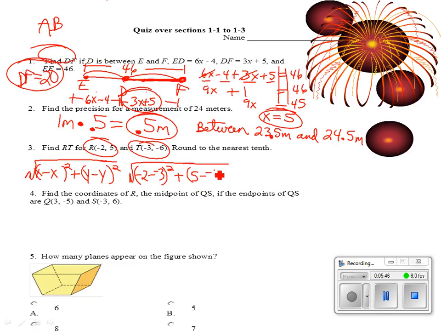So 5 minus a -6. On both of these, when you have minus and negative, what can you do with the signs right there? What is -2 plus 3? 1. 1 squared.